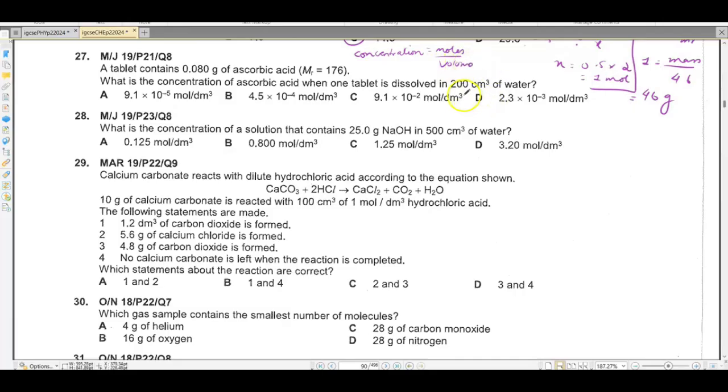So we have our volume, but we don't have our moles. So we need to find the moles. How are we going to do that? Moles of ascorbic acid would be mass by MR. So mass is 0.080 and MR has been given as 176. So this is going to give us moles of ascorbic acid to be 4.54 into 10 raised to the power minus 4.